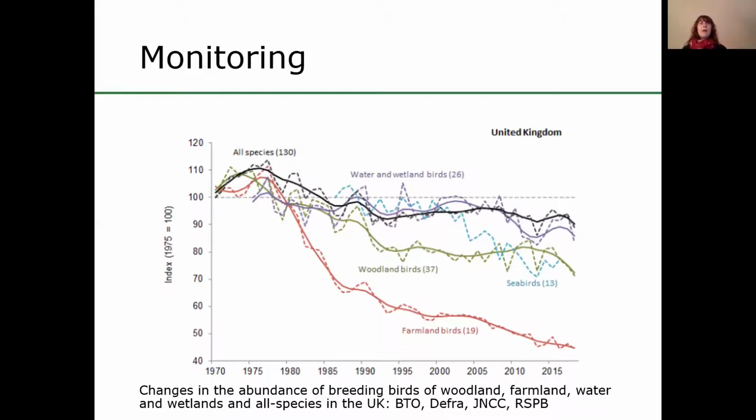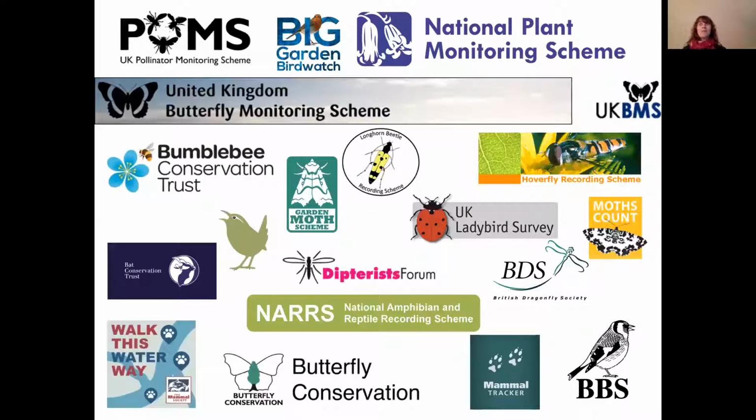There's lots of ecologists working, lots of big science going on to try and conserve these species and to understand the patterns behind declines. But as with anything, the more data that goes in, the better the information that comes out, the more information there is to analyse and to increase our understanding.